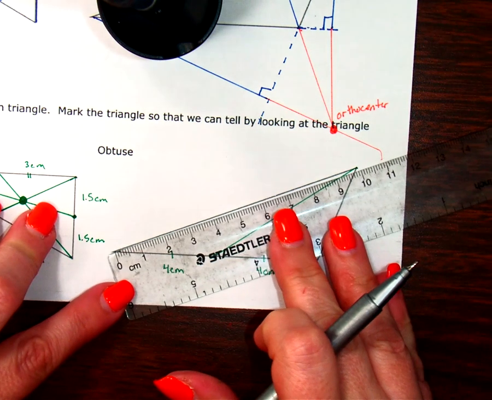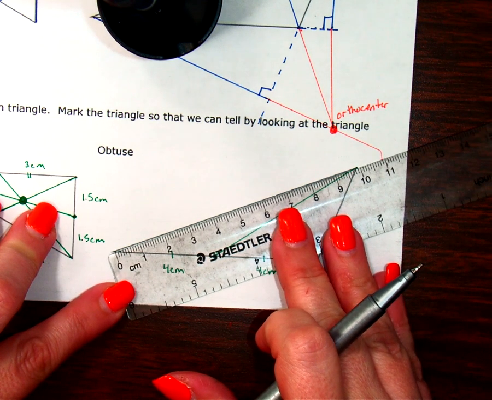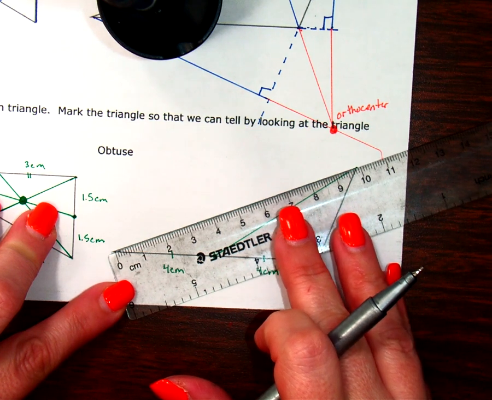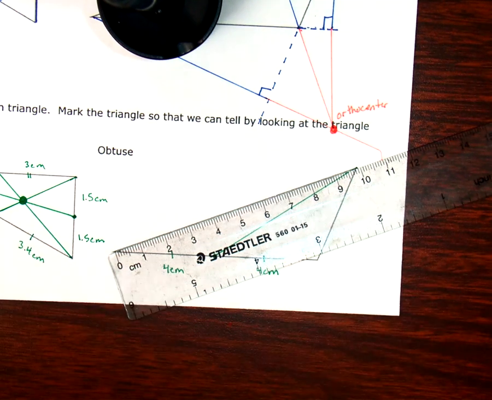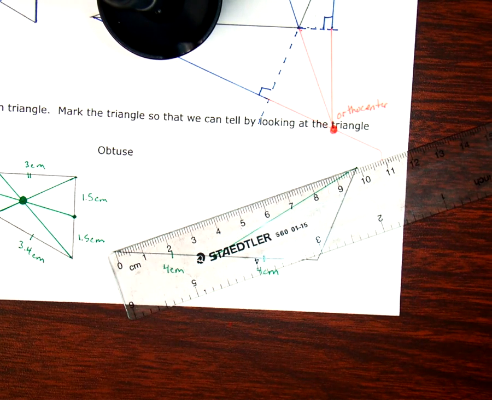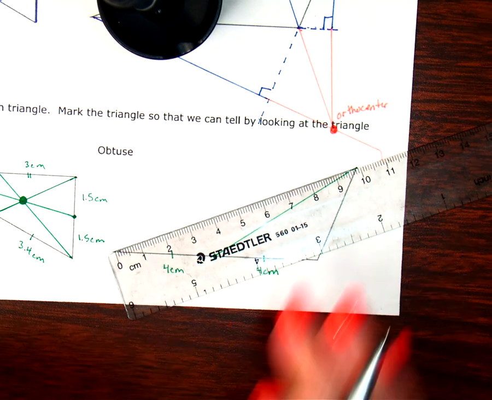Measure this side. This side is about 9.9. So 9.9 divided by 2 is going to be 4.95.